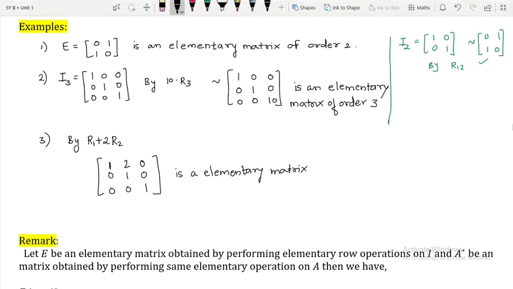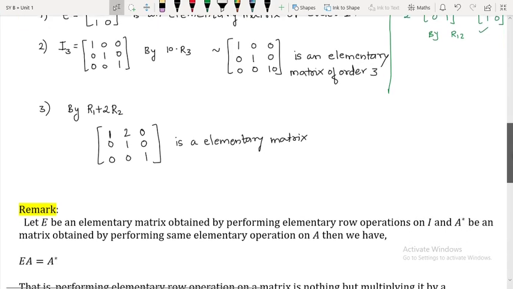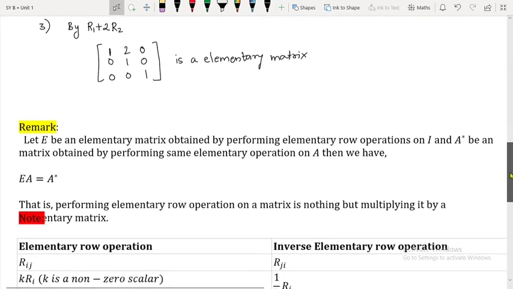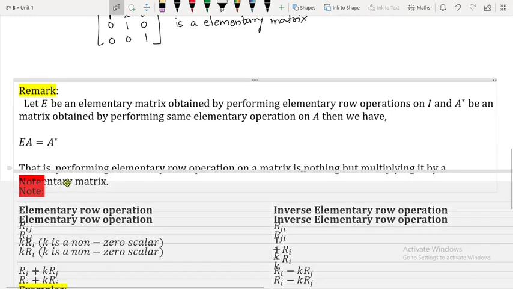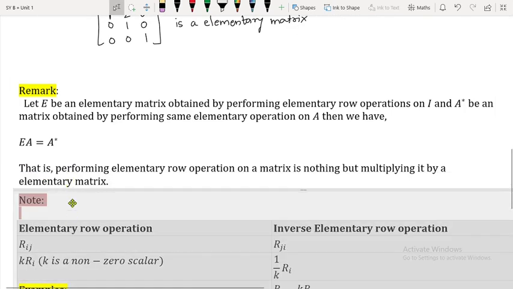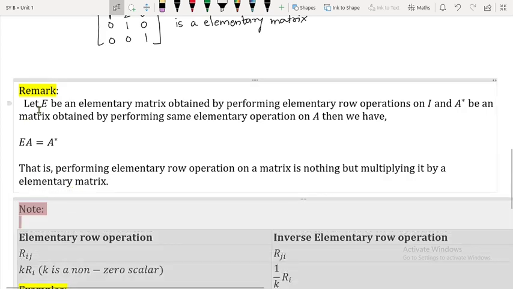Now let us go for a note, a remark actually, and an important one. Let E be an elementary matrix obtained by performing an elementary row operation on I. Now see, we have taken an elementary matrix.